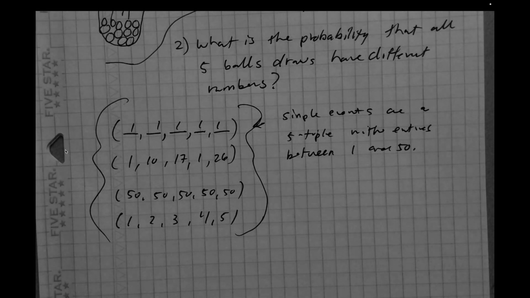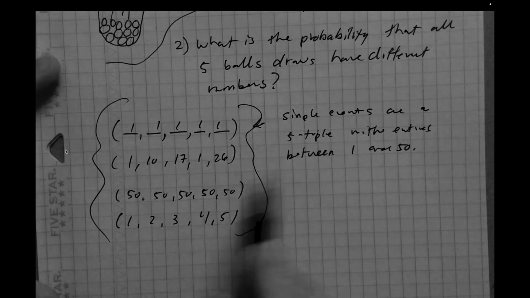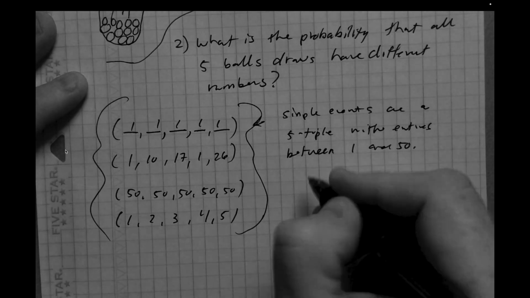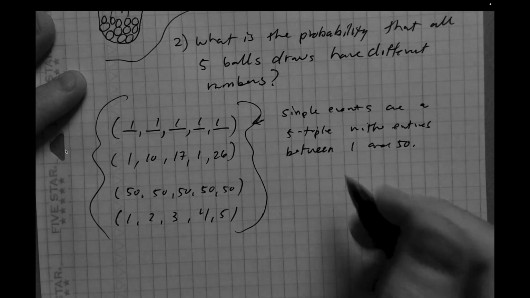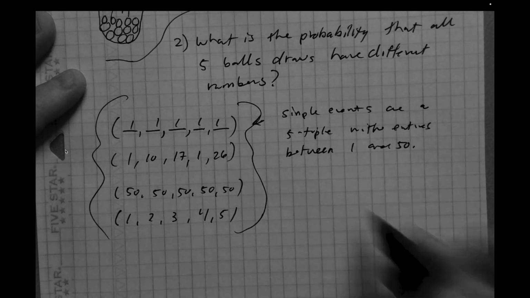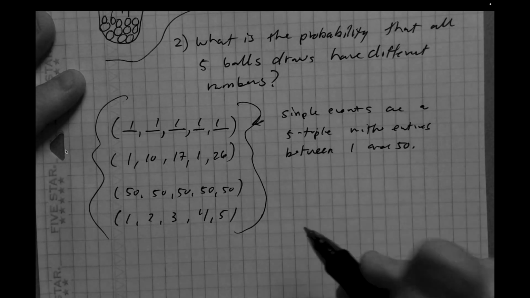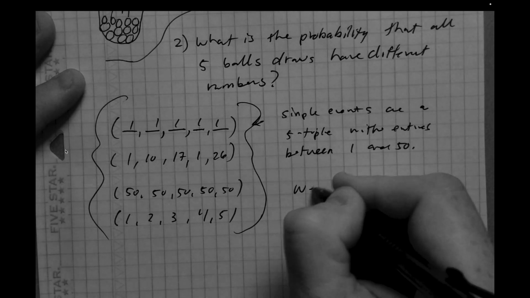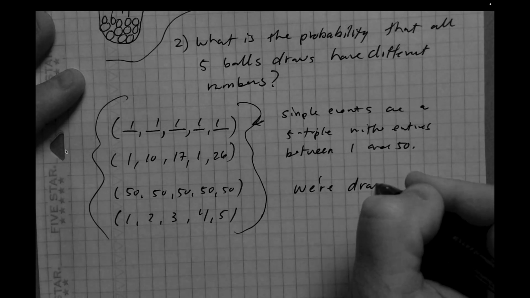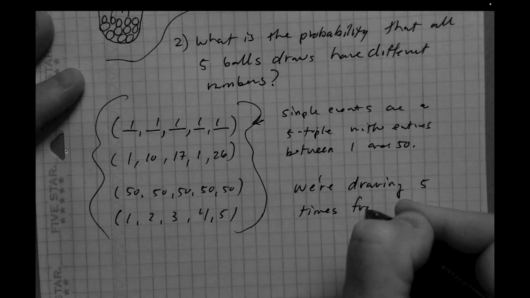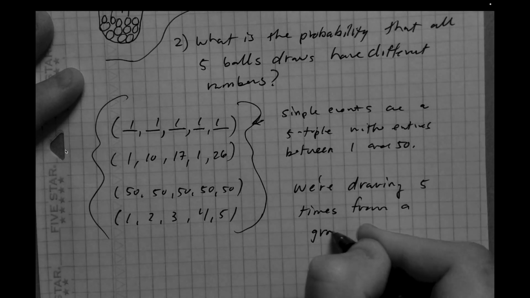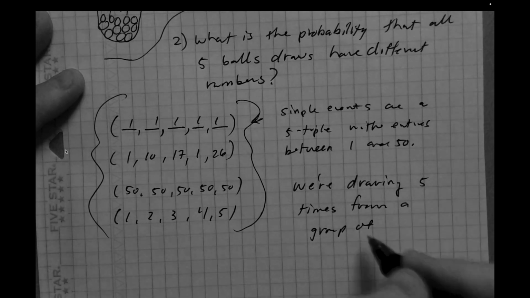Okay, so how many possible combinations are there? Well, this is really an extension of the MN rule, right? So we're really drawing 5 times from a group of how many? Of how many different objects? 50. So we're drawing 5 times from groups of 50.